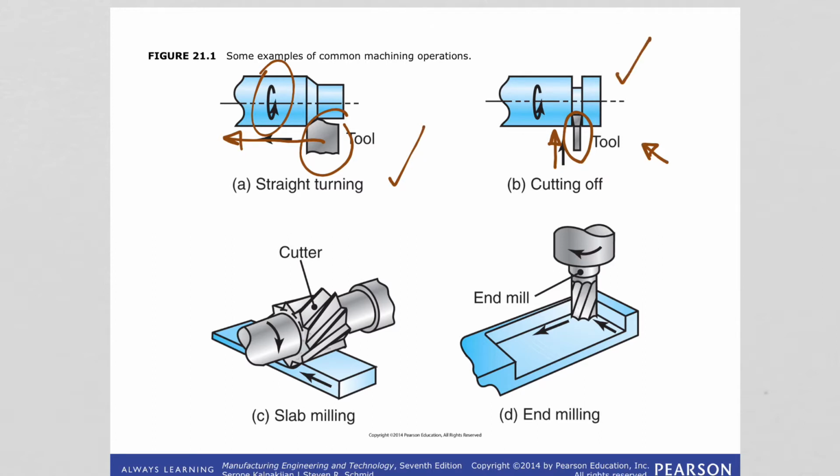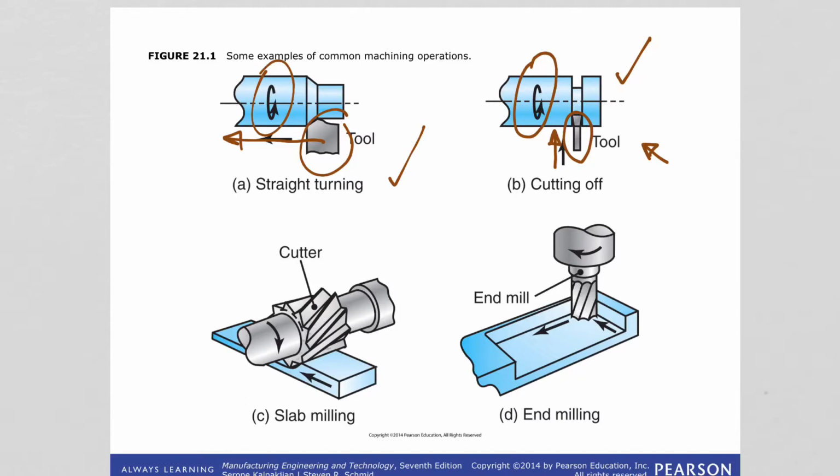And we see that the workpiece is rotating. So make sure that from the images, you understand what type of machining operation it is. If I give you the image, you should understand that is turning, that is cutting off, etc.